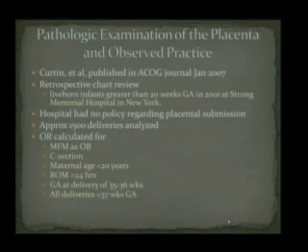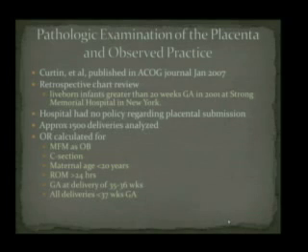So there are some newer studies than the 1997 one that I mentioned that are looking at compliance with this policy. This one in particular was looking at how many placentas with an indication were actually sent to pathology. It was done by Curtin et al., and it was published in ACOG in January 2007.